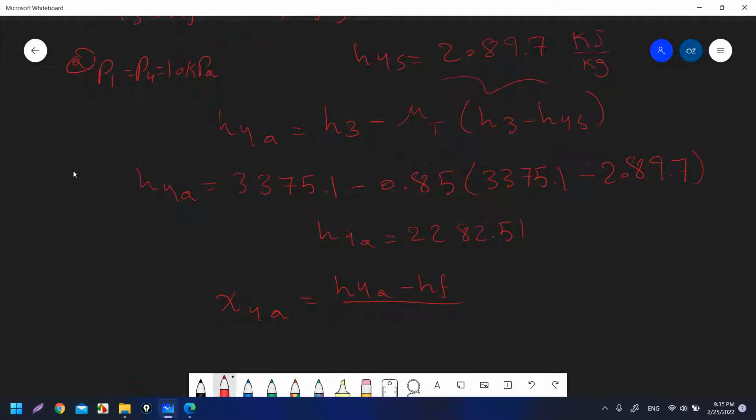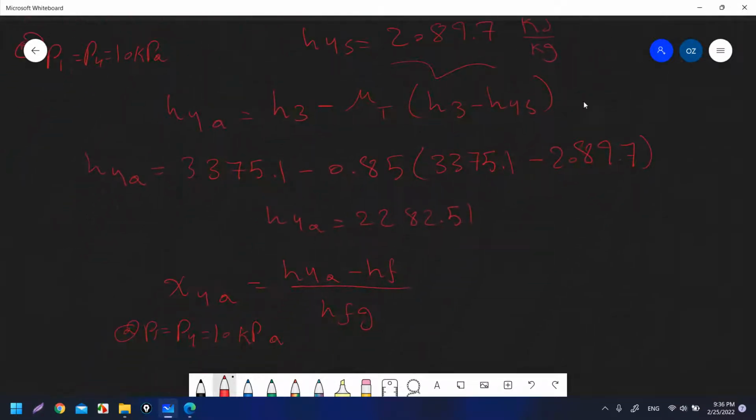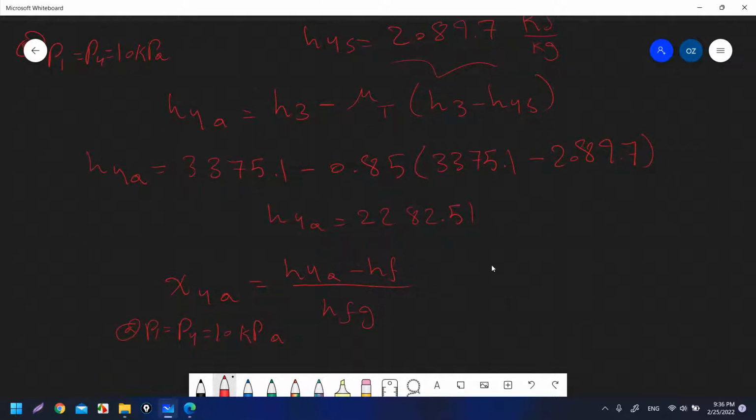This one also is at pressure P1 equal to P4 equal to 10 kilopascal, so no need to go again to the table because we are calculating HF and HFG at the same pressure. That's what we did for the previous equation, and these numbers, 191.81 and 2392.1, are the same numbers at the same pressure.